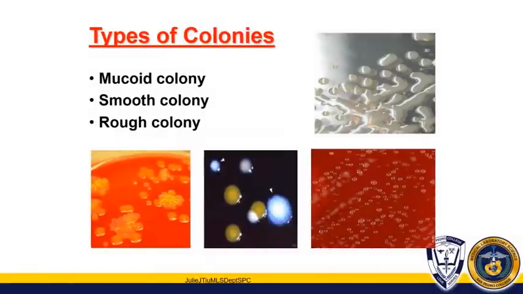So we are still talking about bacterial growth, and we refer to the macroscopic, that is visible, growth on the culture medium as colonies. And for a diagnostician or a bacteriologist, you need to be familiar with the colonies on your medium. You need to know how to describe them, so you can have an idea of what type of microorganisms are present in the medium.